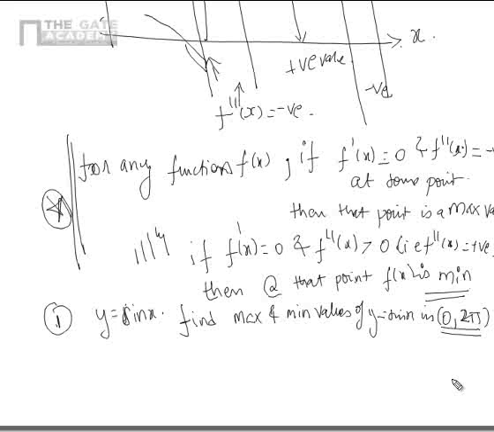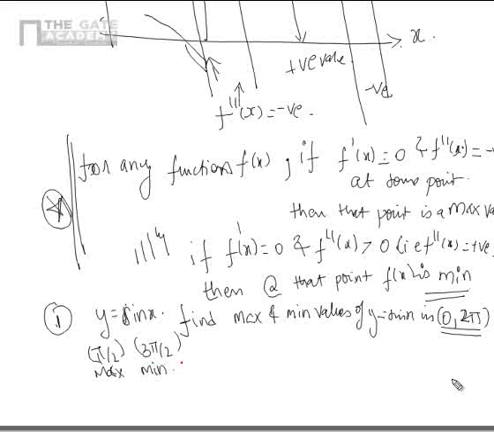We already know the answer, but let us evaluate it. The max value will occur at pi by 2 and min value will occur at 3 pi by 2. This will be the max value, this will be the min value.